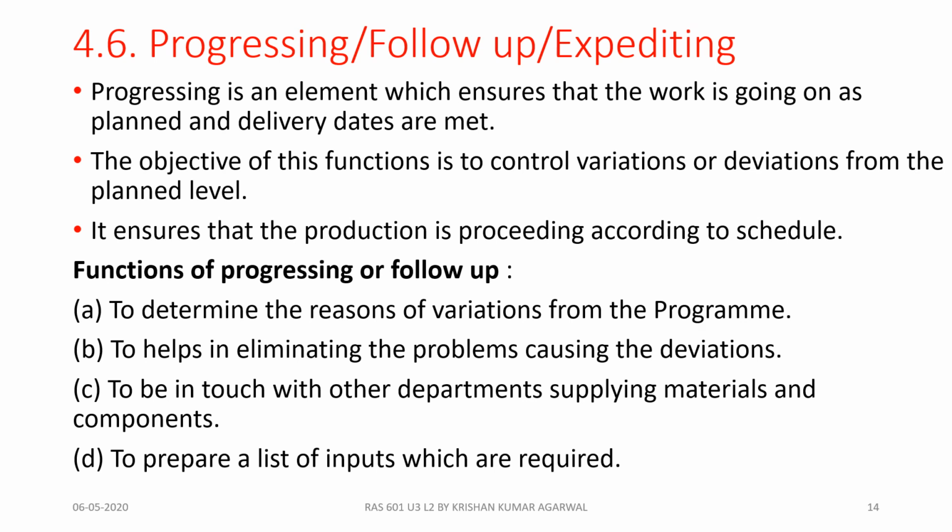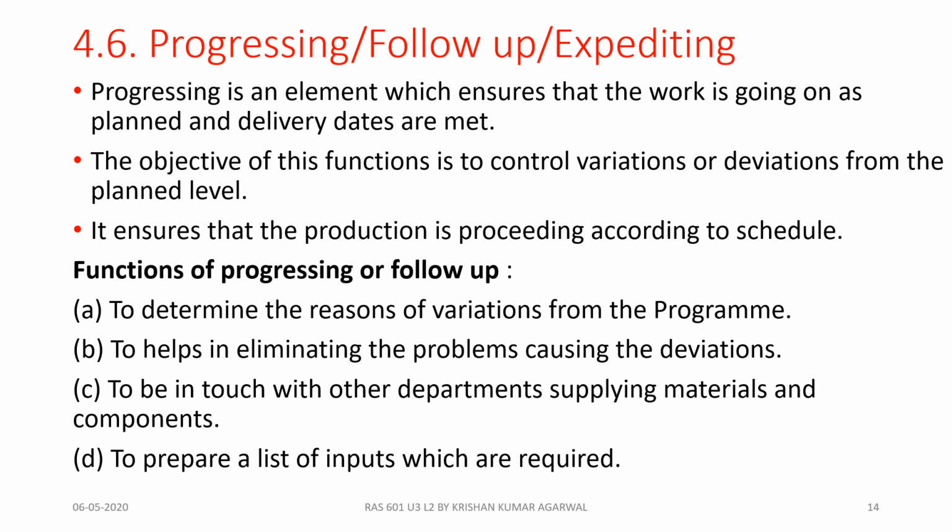To take the follow-up of the production process is known as expediting or progressing. Progressing is an element which ensures that work is going on as per plan and delivery dates are met. The objective of this function is to control variation or deviation from the planned level. It ensures the production is proceeding according to schedule.